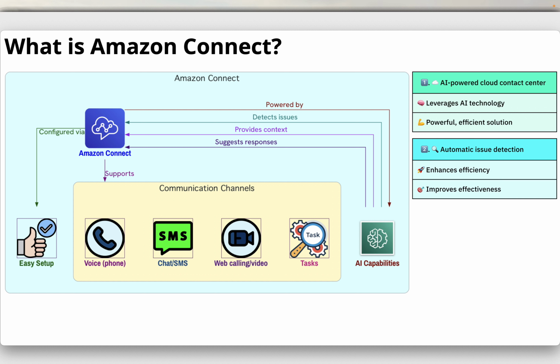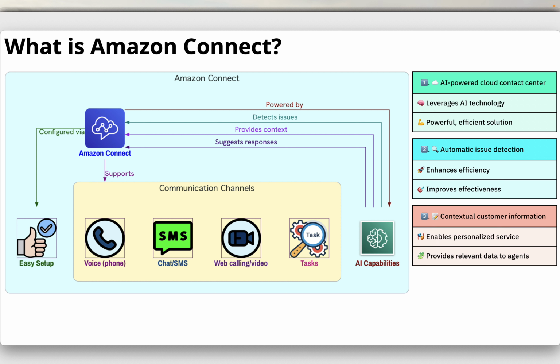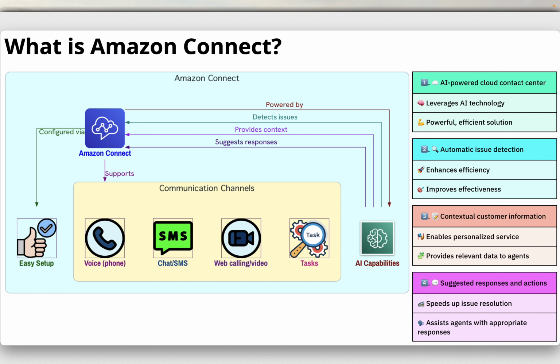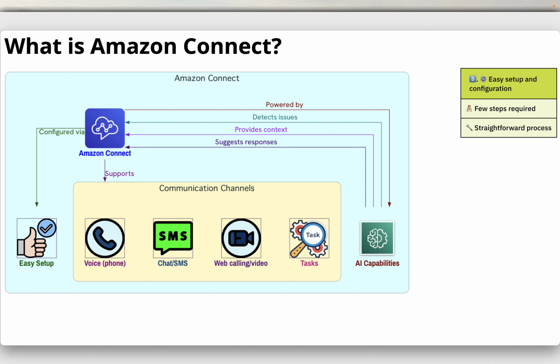The system automatically detects customer issues, enhancing the efficiency and effectiveness of customer service. Agents receive relevant information about customers, enabling them to provide personalized service and solutions. The platform suggests appropriate responses and actions to agents, helping them resolve issues more quickly.